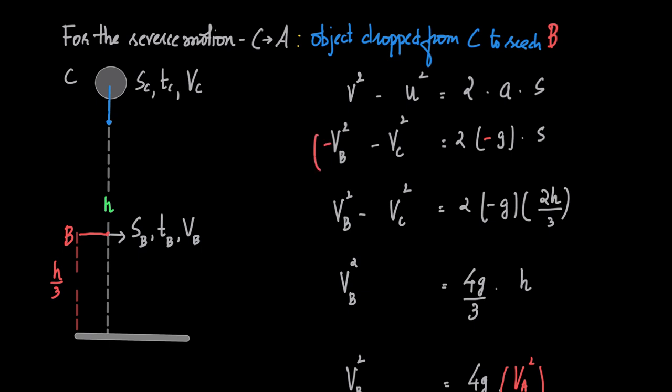Because v square is minus VB the whole square. What is u square? It is minus VC the whole square, right? So VB square minus VC square is equal to 2 into minus g into s, which is 2h by 3. Oh, I'm sorry. It should be h by 3, right?